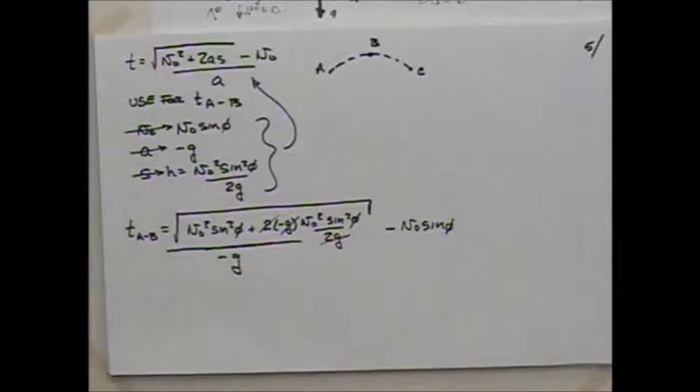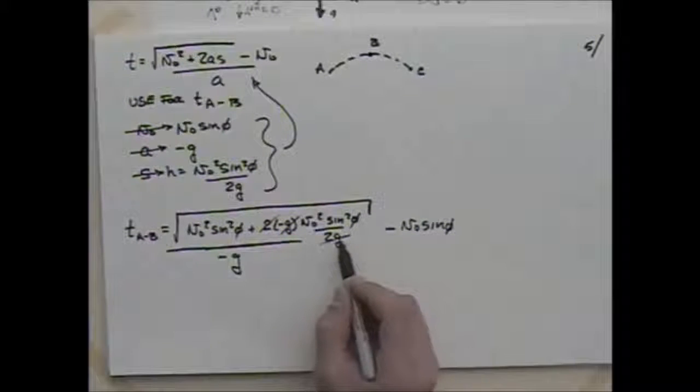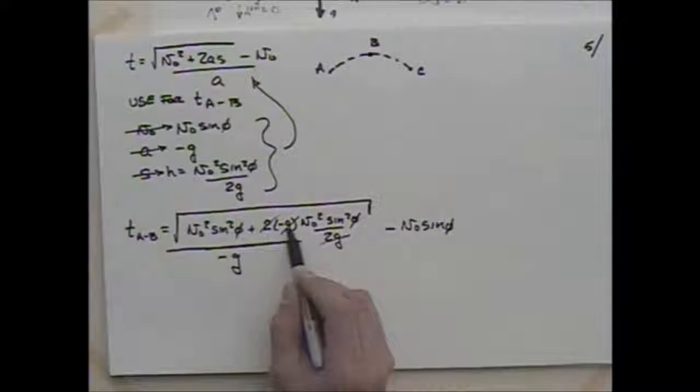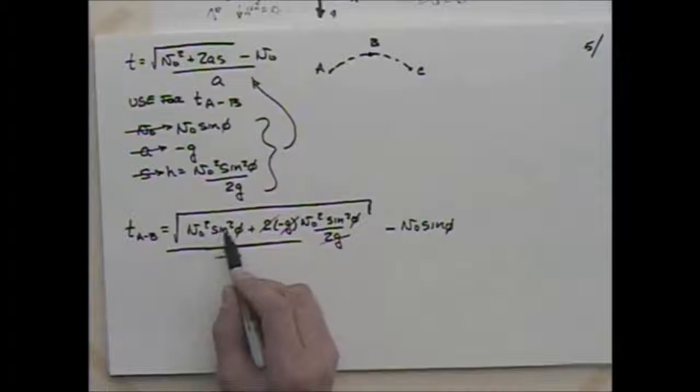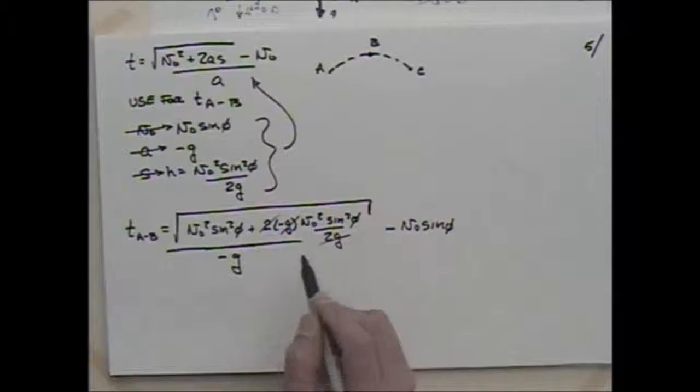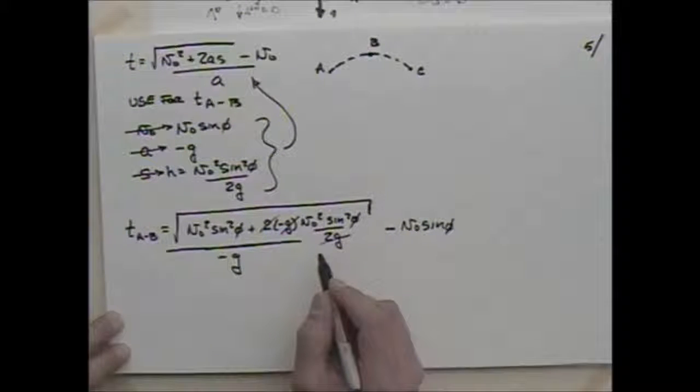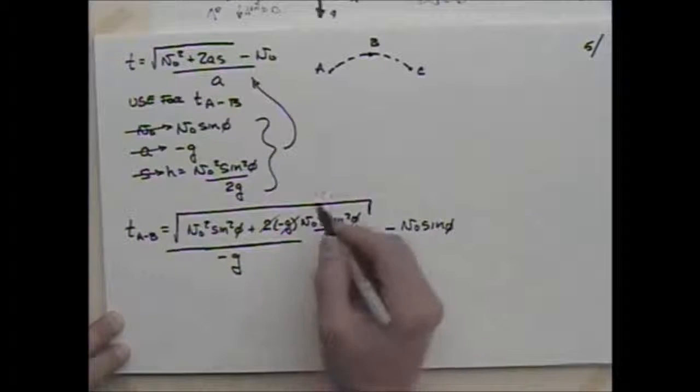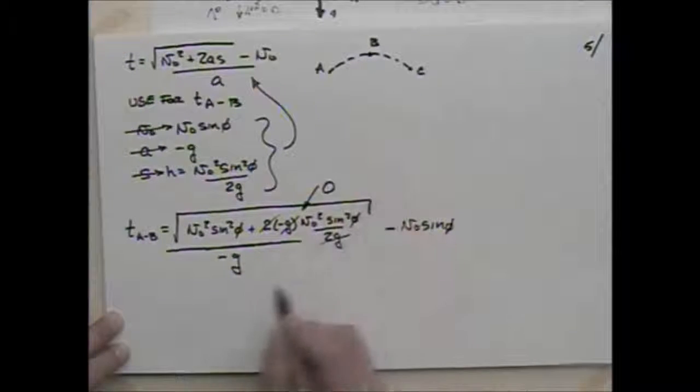Because that would have been bad, because what's under the radical? When I cancel this 2g in the denominator with that 2 and that g, noting the negative sign, I now have v naught squared sine squared phi minus v naught squared sine squared phi. So the radical is what? 0, isn't it? Yeah, everything in the radical is equal to 0.